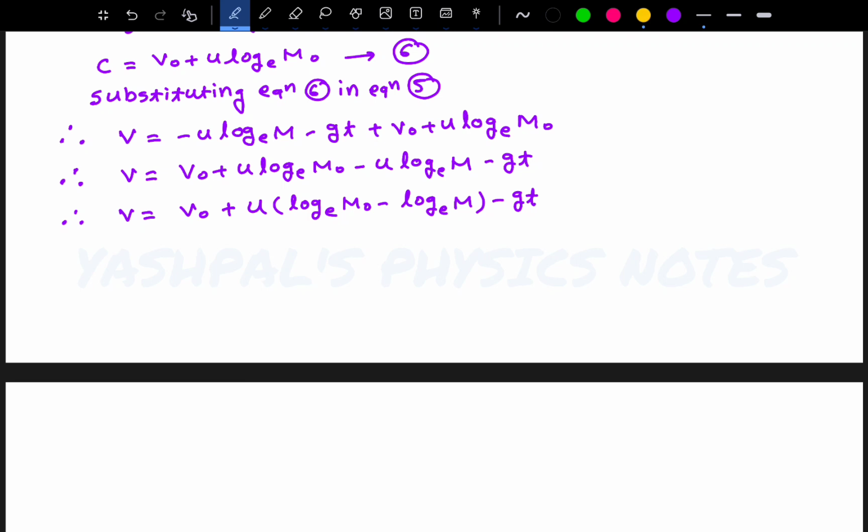So here I am writing using the identity. What was the identity? Log a minus log b, which was equals to log a upon b. So I'm going to use the identity in the above equation.